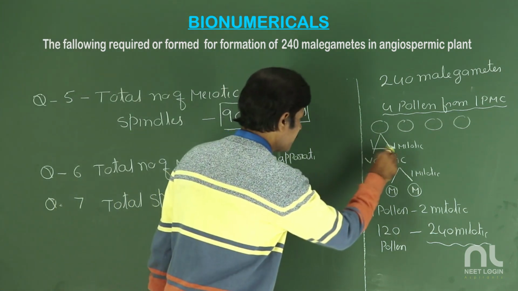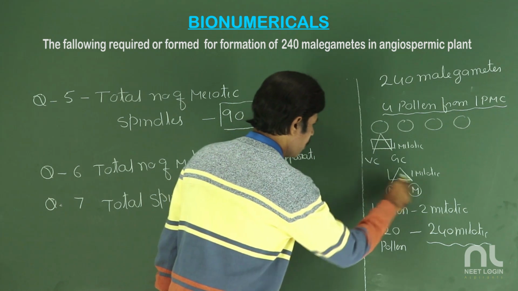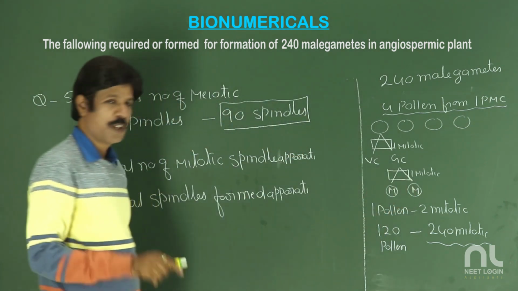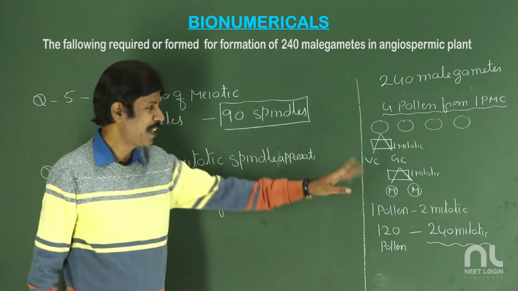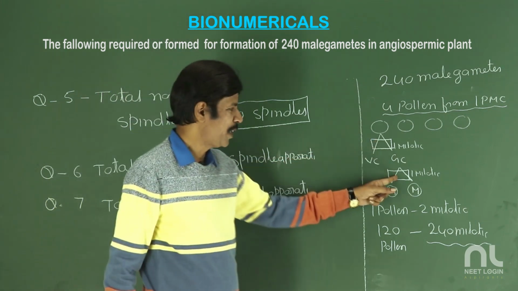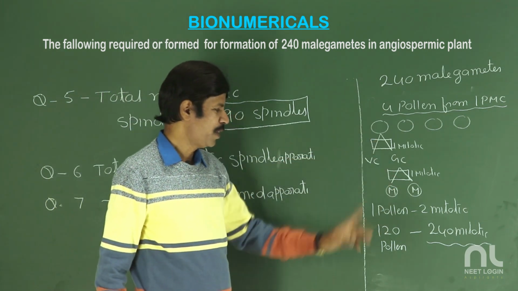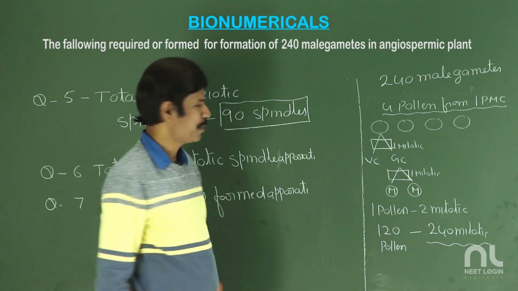Here, how many spindles are formed? One spindle per division. 240 mitotic divisions, 240 spindles. For one pollen, 2 mitotic spindles are formed. 120 pollen, 240 mitotic spindles.